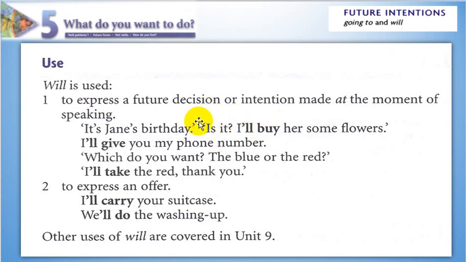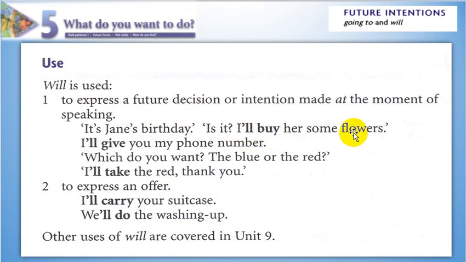From this question, القائل المتحدث الأول قال it's Jane's birthday. فالمستمع قال is it؟ معنى هذا السؤال أنه لم يكن يعرف. فالقرار بشراء هدية أو أزهار لجين جاء في اللحظة بعد معرفة المعلومة. فالfuture decision or intention النية بالشراء تعبر عنها باستخدام will.